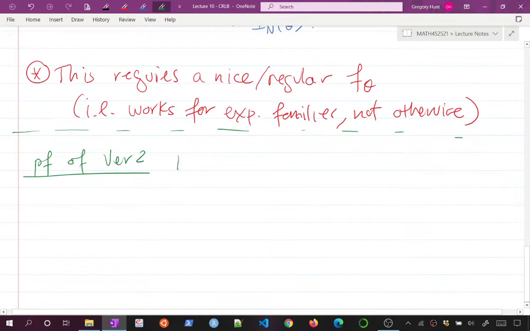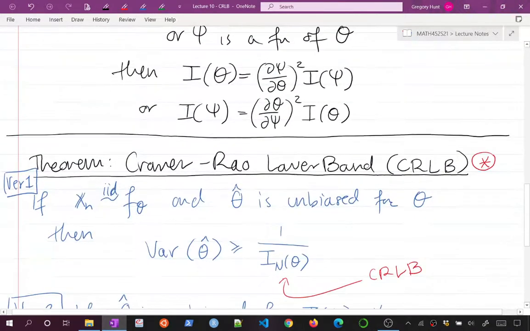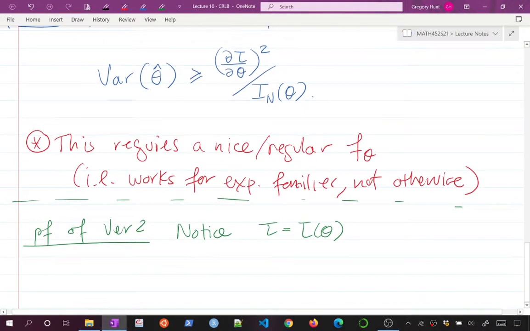Notice that if we say tau is some function of theta, so tau is another parameterization. Above we used psi, but you could alternatively call it tau. Then it's just a different parameterization of our PDFs.